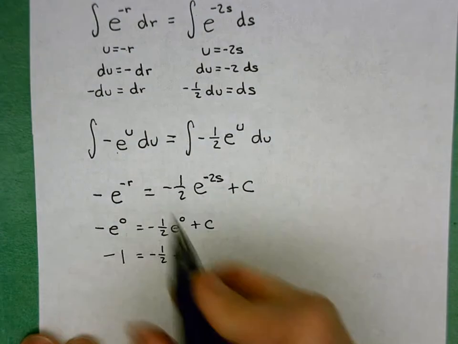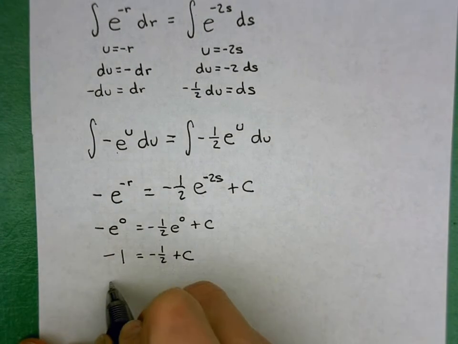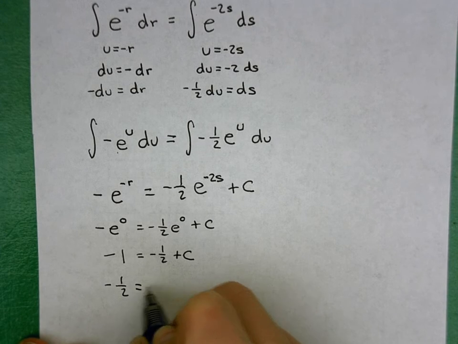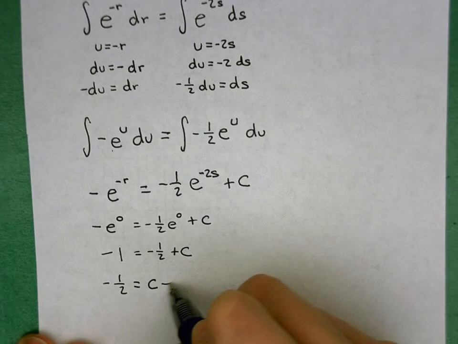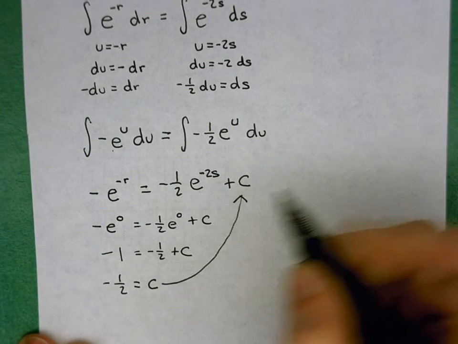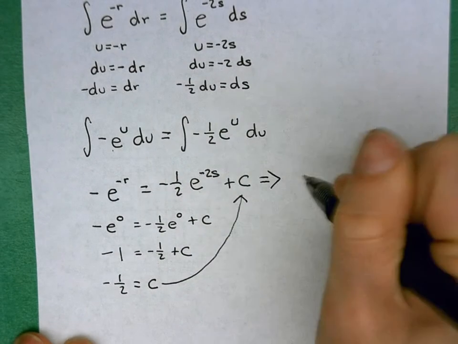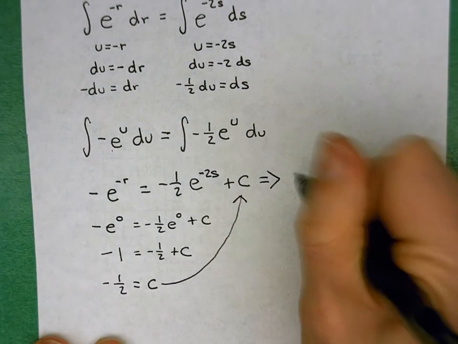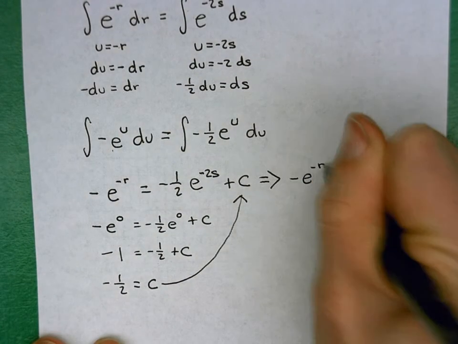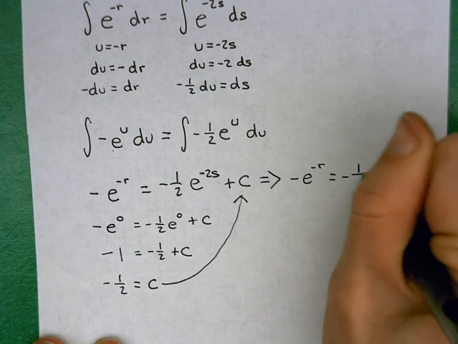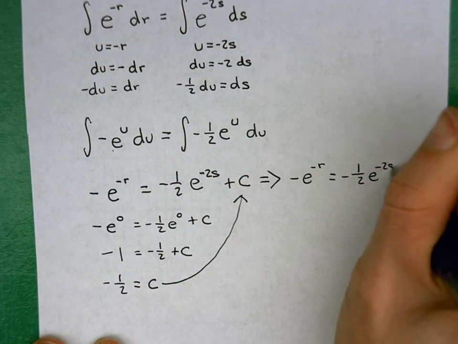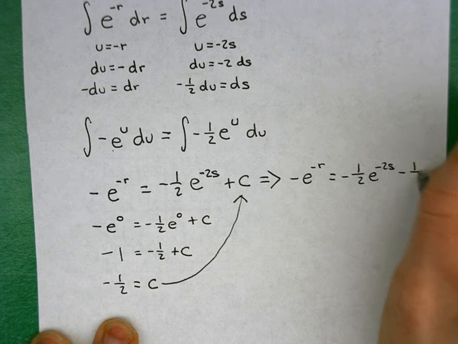And then I'm going to add 1/2 to the other side, and so we're at negative 1/2 equals c. And I'm going to plug that back into my equation. So I'm at negative e to the negative r equals negative 1/2 e to the negative 2s minus 1/2.